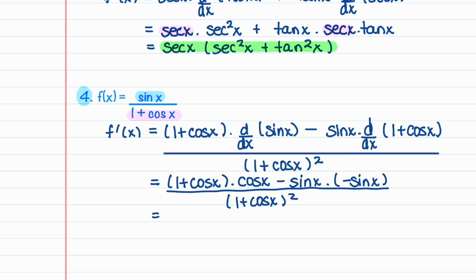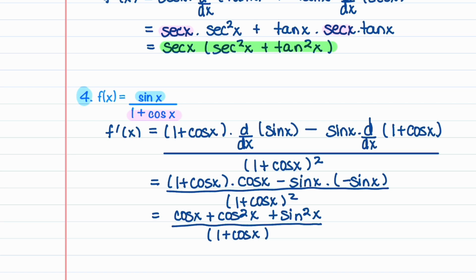Now let's go ahead and multiply things out. Our first term gives us cosine x plus cosine squared x. And then our second term, we have a minus sine x times a minus sine x. So that gives us a plus sine squared x. And then we have our same term in the denominator, 1 plus cosine x quantity squared. Let's now look at this expression, cosine squared x plus sine squared x.